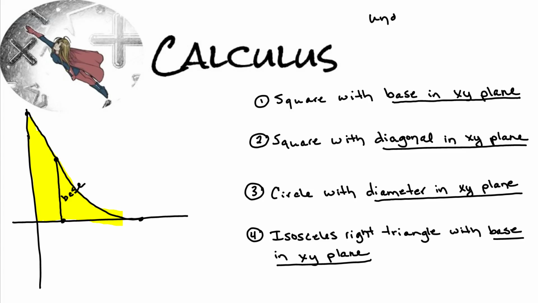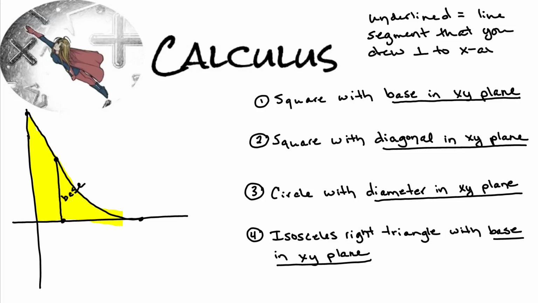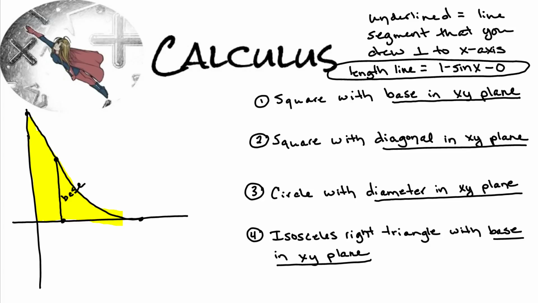So the underlined equals the line segment that you drew perpendicular to the x-axis. And the length of that line segment, remember, we just said it's the simple top minus bottom. So the length of that line segment was 1 minus the sine of x minus 0, because it was just top minus bottom. Now we don't have to keep writing the minus 0 portion.